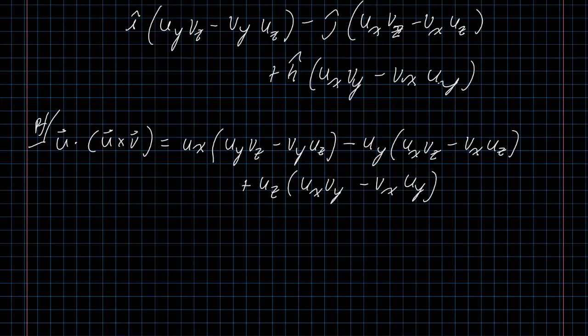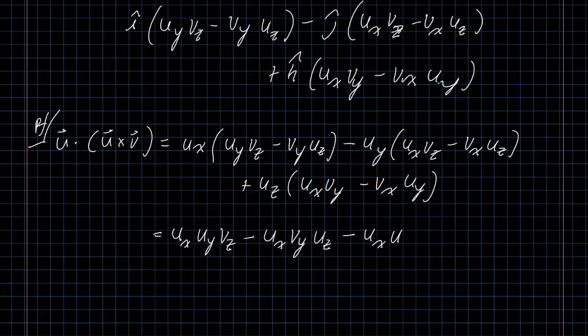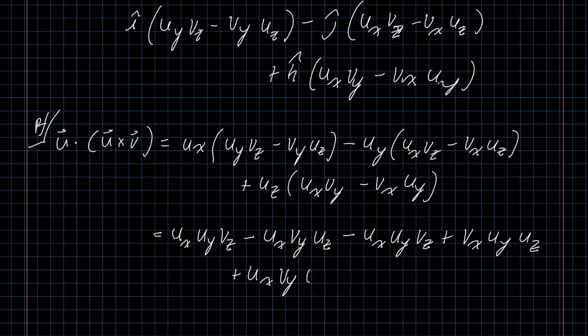So rearranging everything so it's always x, y, z, and distributing, we get ux uy vz minus ux vy uz minus ux uy vz, minus minus is plus, vx uy uz, plus ux vy uz minus vx uy uz.